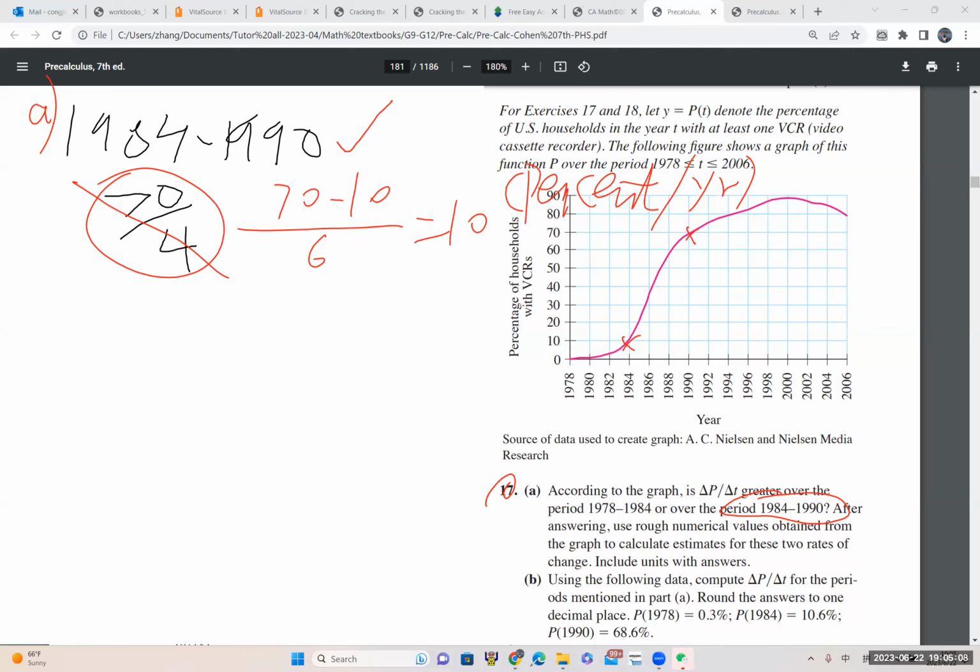Okay, then part B. Ray, do you understand this question so far? Yes. Then part B. Keep going, Neil.